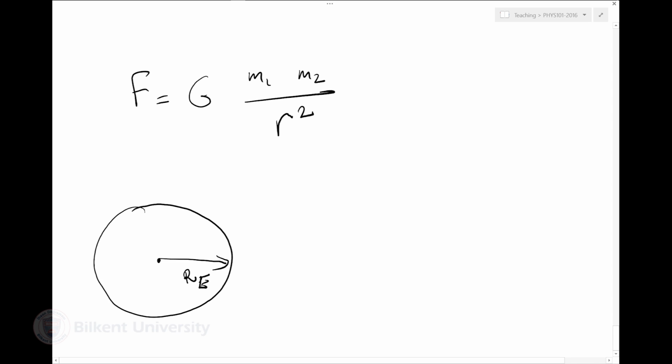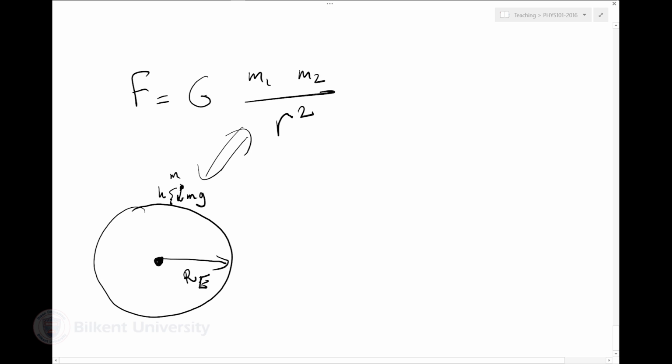So I can think of Earth as if it's just a point mass at its center. And here I have an object a height h above Earth. How come I said this is attracted to Earth by a constant force mg? I'm saying these two formulas have the same origin.